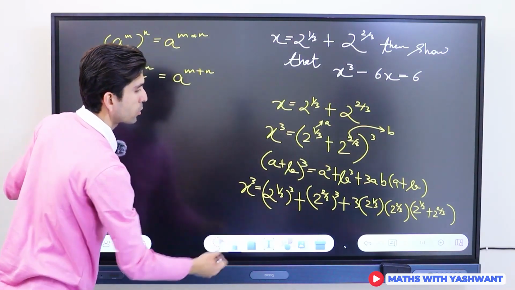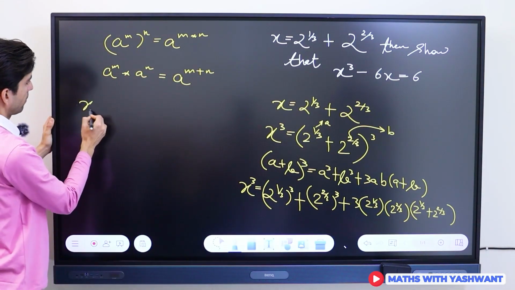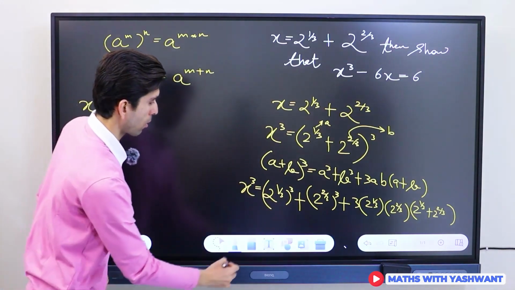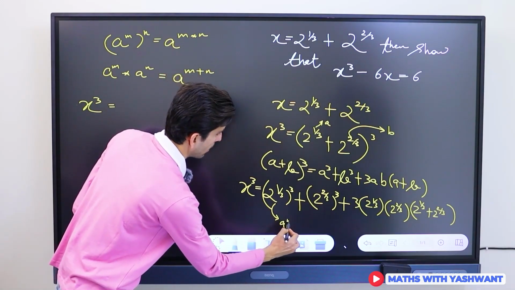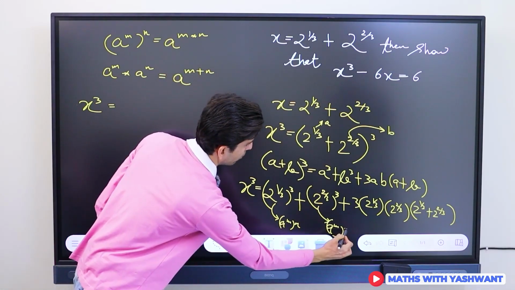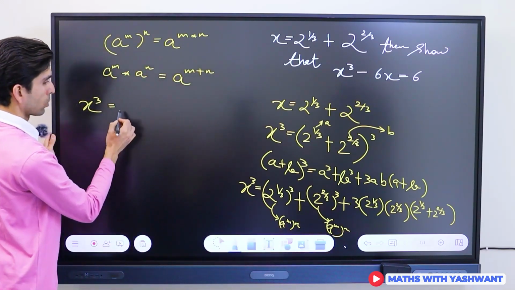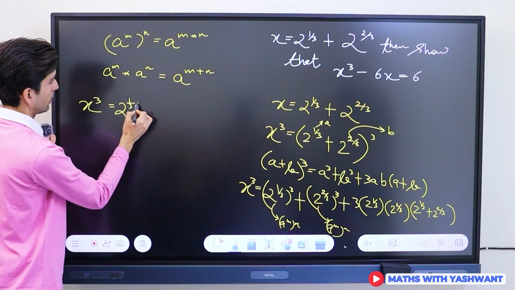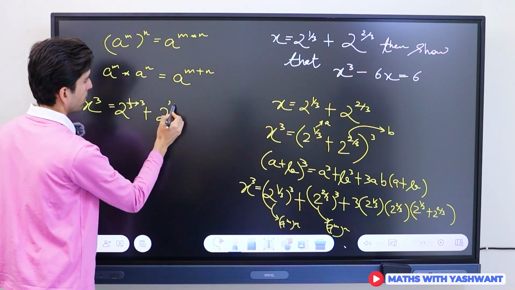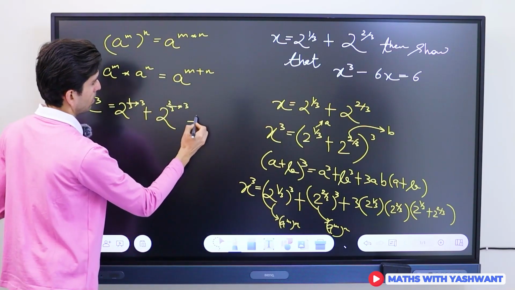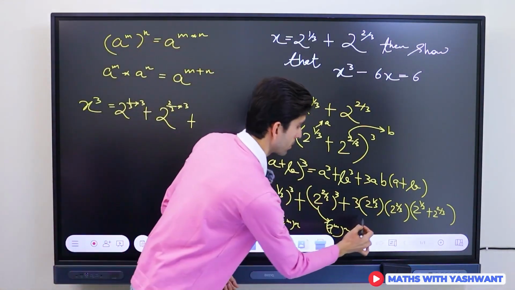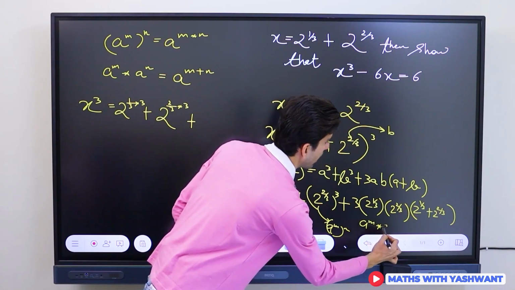So rewriting this equality after simplification, we have x cube on the left hand side. On the right hand side, we use this law, a to the power m to the power n, here also and here also, right? So we have 2 to the power 1 by 3 into 3 plus, for the second term we have 2 to the power 2 by 3 into 3 plus, and here we'll use the law a to the power m into a to the power n.